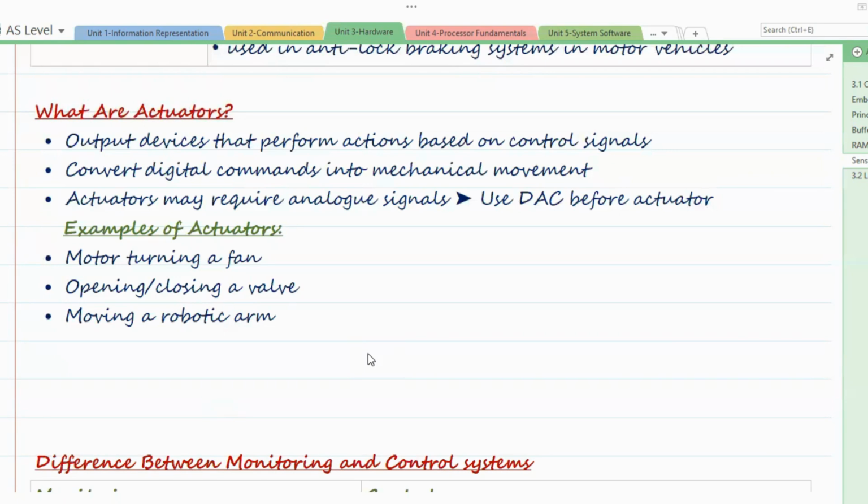An actuator is like hands or legs. They actually do something, some action they take. For example, a motor turning a fan, opening or closing a valve, moving a robotic arm. So all these are examples of actuators.